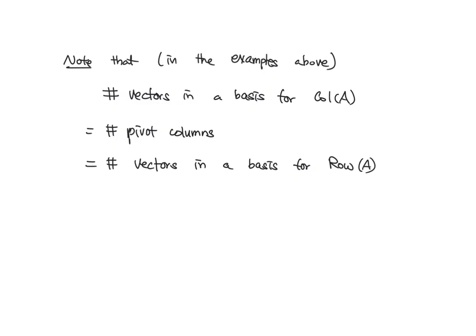Okay, so, right? The number of non-zero rows in an echelon form will be just the number of pivot columns, right?